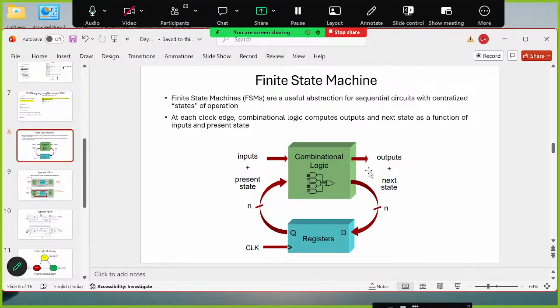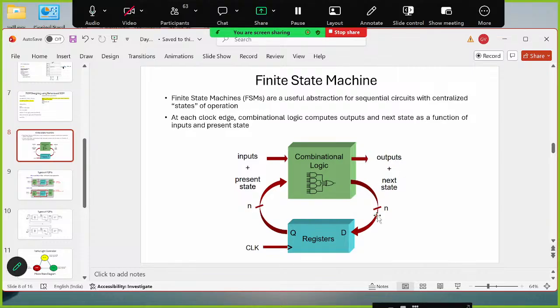Basically, a state machine means there is a present state and a next state. We can apply some input. There should be some logic which will work on this present state and our applied input, and generate the outputs according to our requirement, as well as the next state.